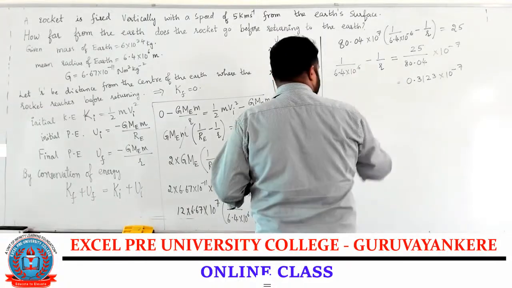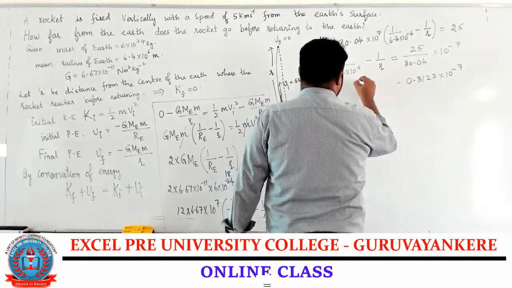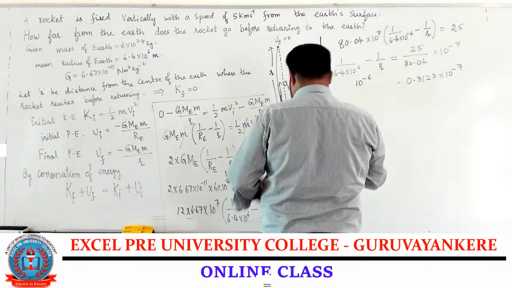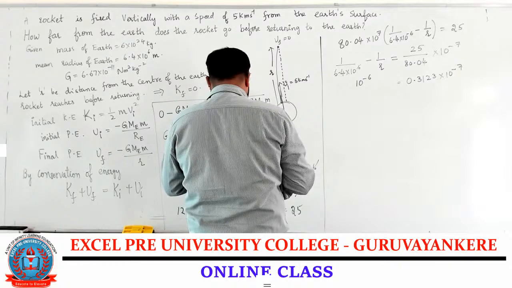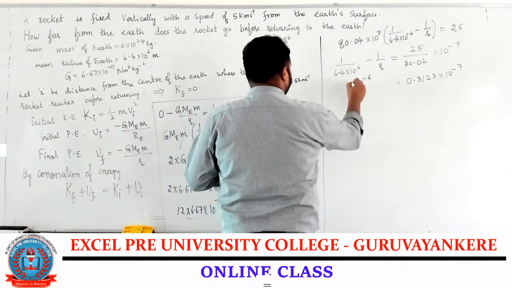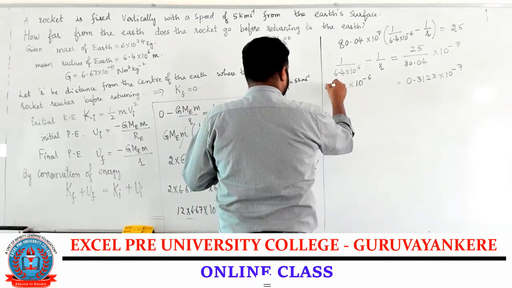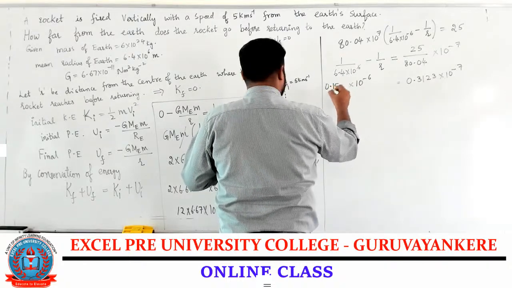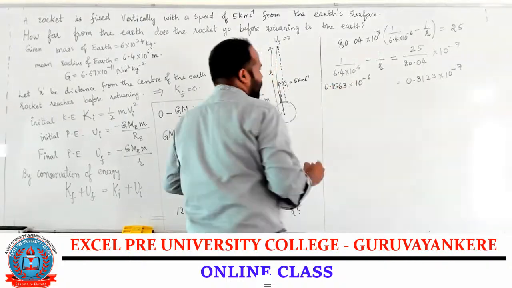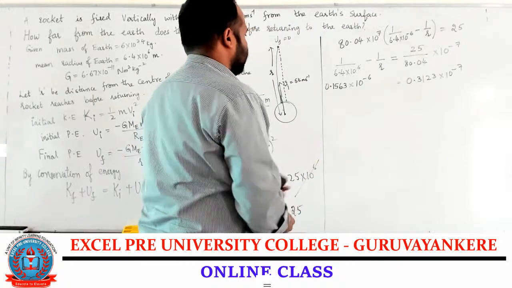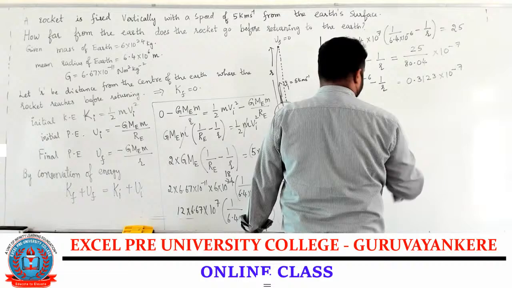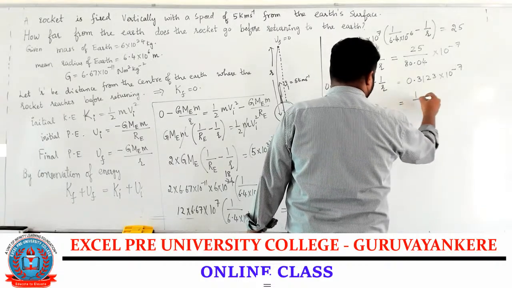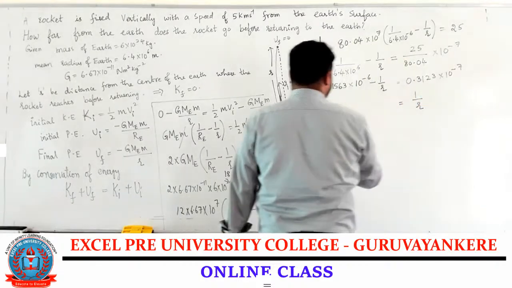So this will be 10 to the power minus 6. 1 by 6.4 becomes 0.1563 minus 1 by r. So 1 by r will go to this side.